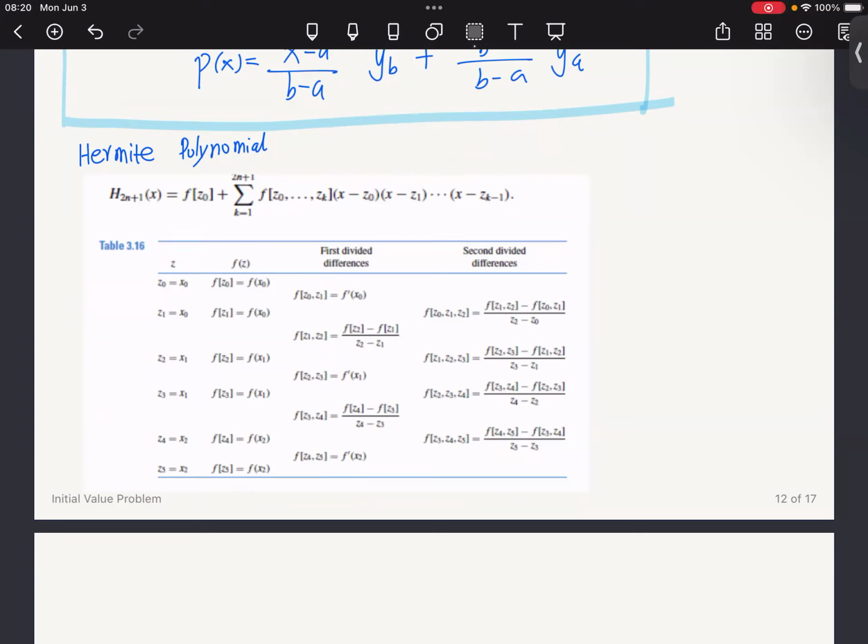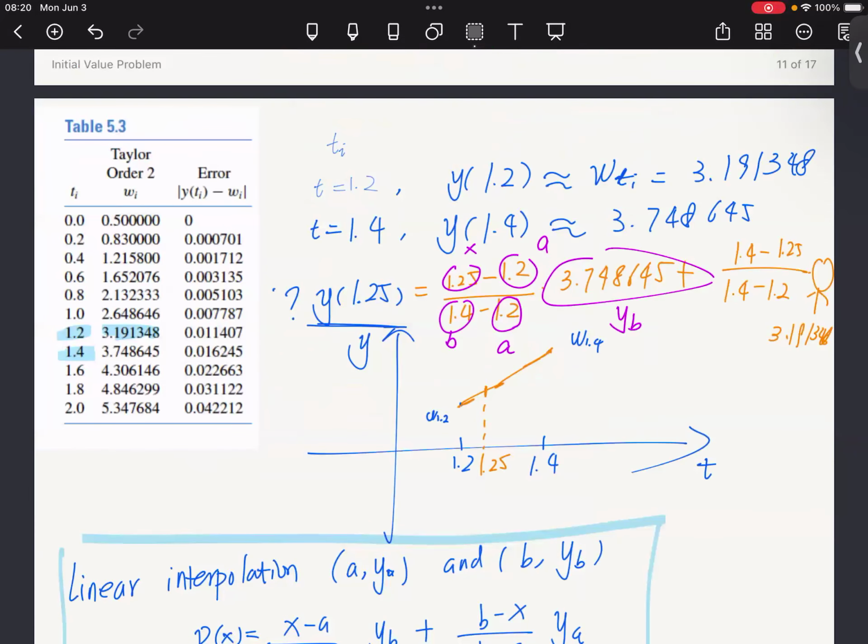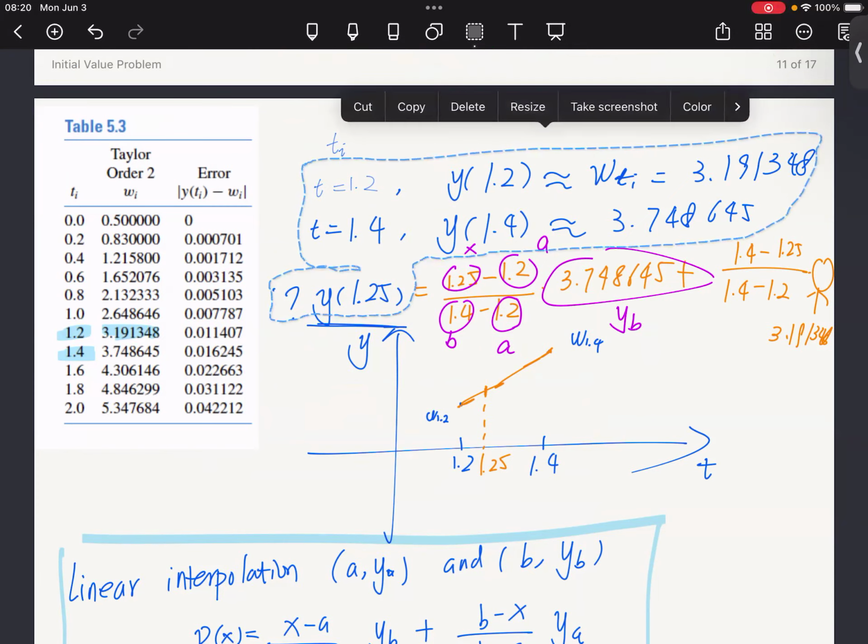This is quite useful. But let us get back to what we have in this example. We are doing the Taylor's methods for the IVP problem. And what we get here is 2 points, and then we want to ask the question again, what is the Y value evaluated at 1.25?